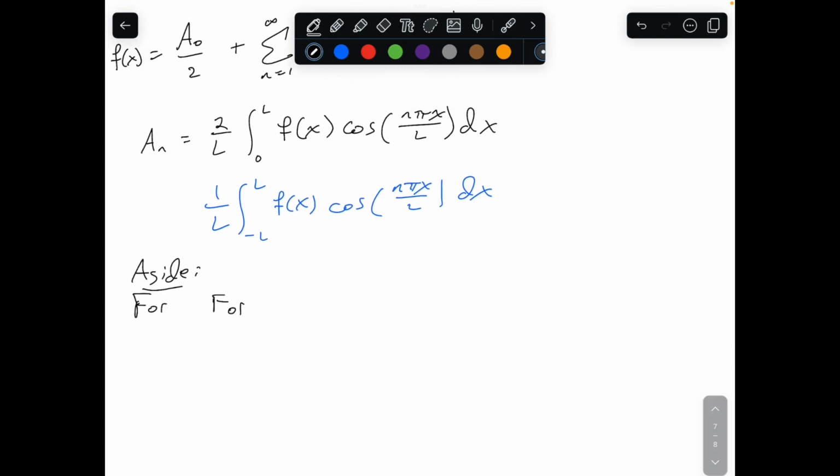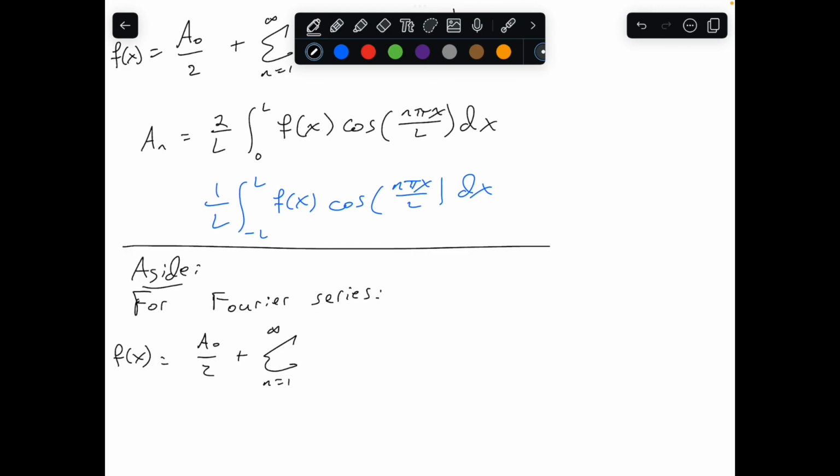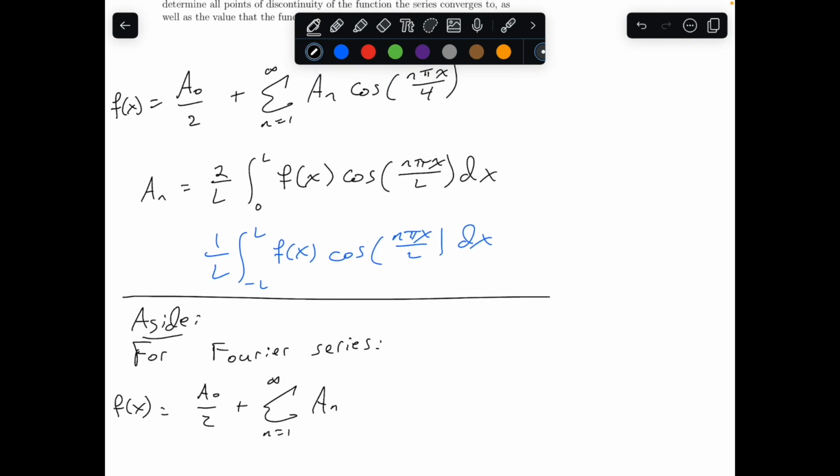For a regular Fourier series, you're representing a function as a0 over 2 plus the sum from n equals 1 to infinity of a n cosine of n pi x over L plus the sum from n equals 1 to infinity of b n sine of n pi x over L.